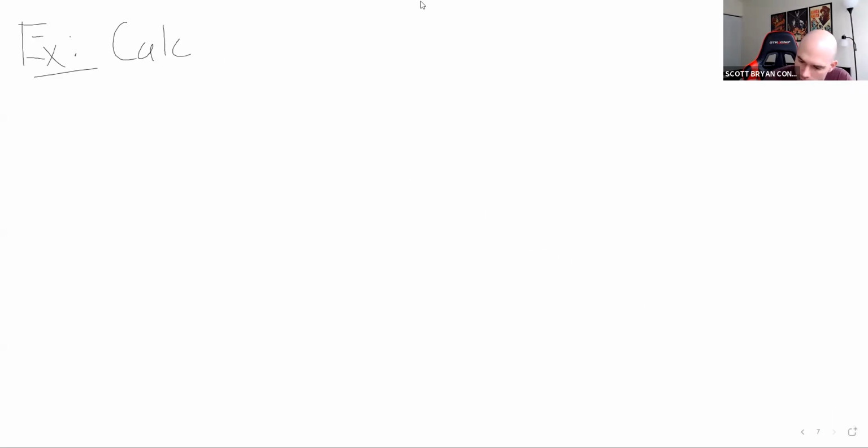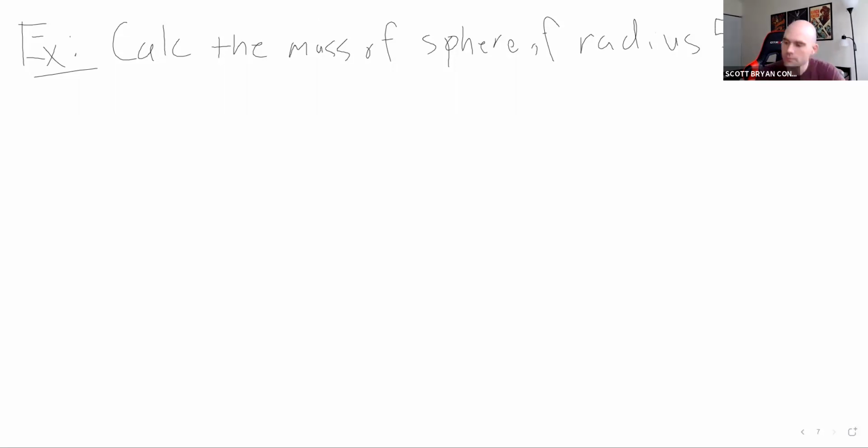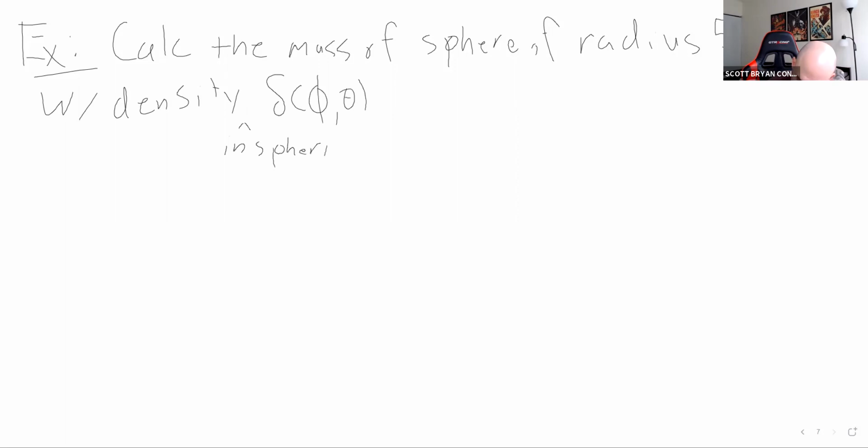So let's calculate the mass of the sphere of radius 5 centimeters, if it has density, in spherical coordinates, of 3 cos squared phi grams per centimeter squared.